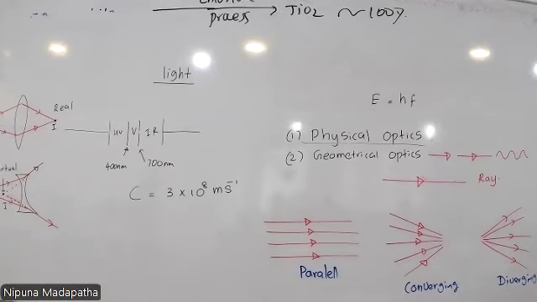Some say a 450 range, but the average is 400 to 700. Maybe 380 to 770. Right? That's normal.